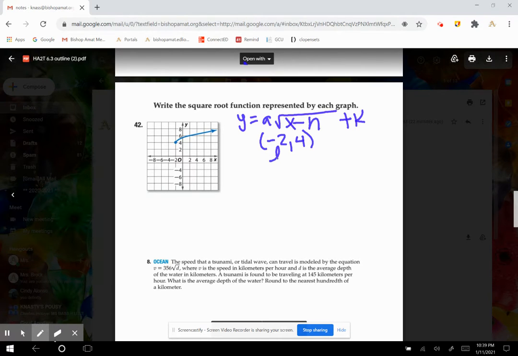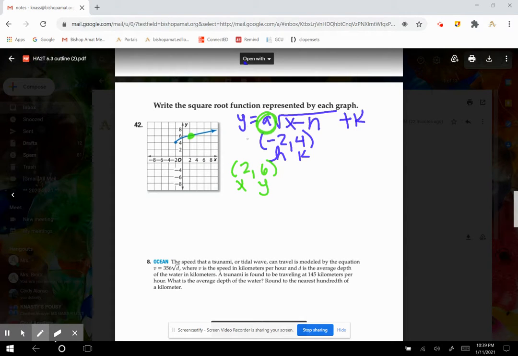So they just gave you h and k. But now we do need to figure out what a is, and we can't necessarily say it's our slope by just counting our slope. So you are going to want to pull another point from your graph. Let's pull this point right here of 2, 6, and that's going to be my x and y. If I plug in my x and y and my h and k, I'll be able to find a and finish off my problem.